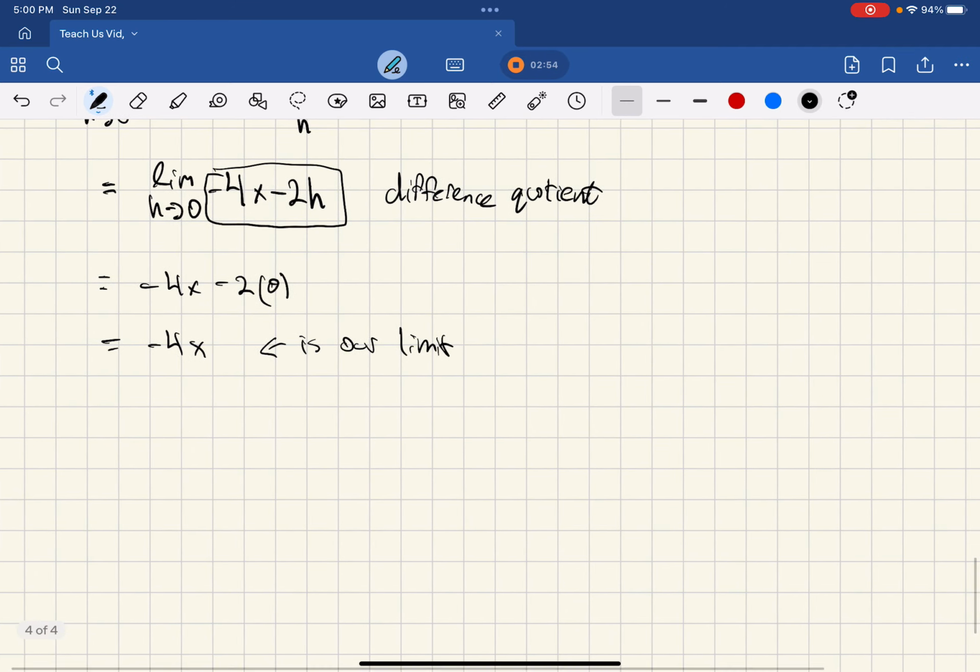And now they ask us to find f prime of negative 2, f prime of 0, f prime of 1. So this is just basically plugging into our limit, which is negative 4 times negative 2.